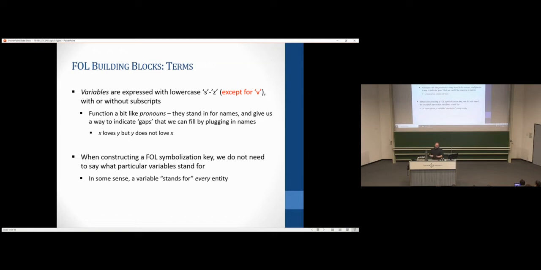So notably, when constructing an FOL symbolization key, you don't need to tell me what the variables mean, because they don't mean anything. They're always going to be associated with something. We'll talk about that in a second. Before we go on, I want to pause, because this is really important. It always comes up. Do we get the idea about how the variables work?